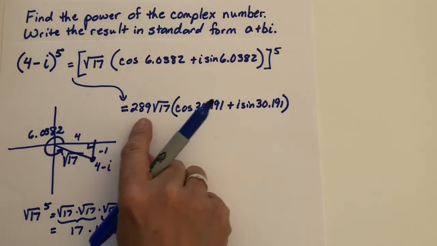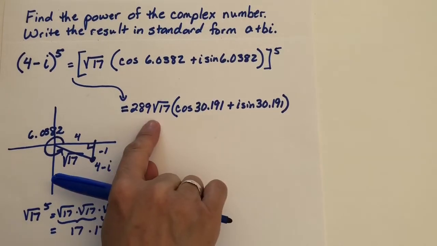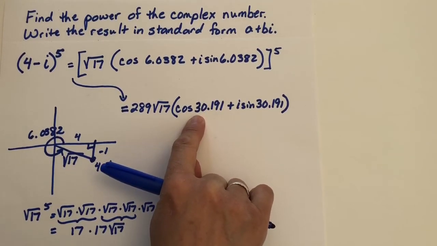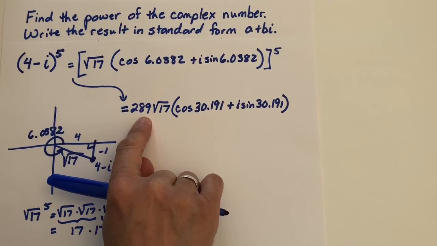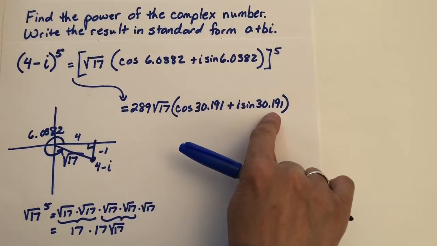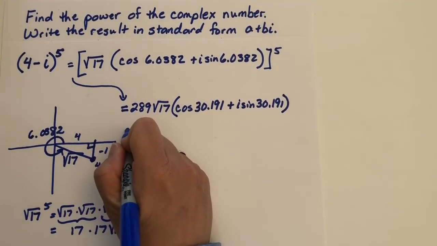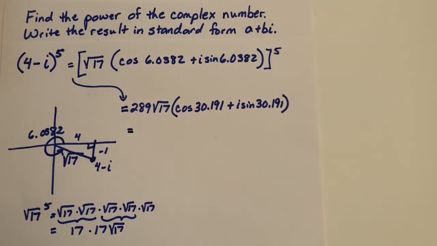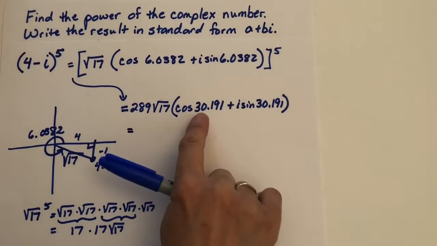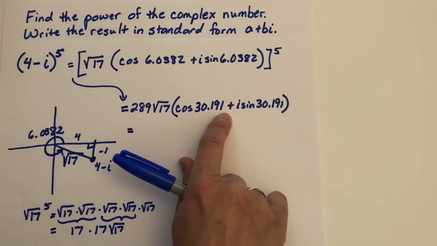I'm simply going to distribute the 289 square root of 17 to this value and distribute 289 square root of 17 to this value. Now I want to show you the result two different ways. Suppose you just cleared out your calculator and you just used it as written.